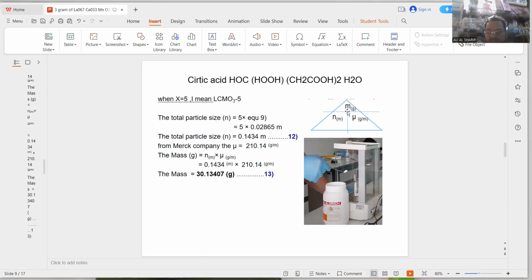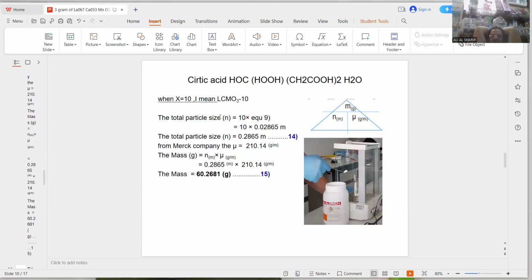I want to calculate the mass. The molecular mass from Merck, we know it. By that, mole number multiplied by molecular mass will equal 30.13470 grams.